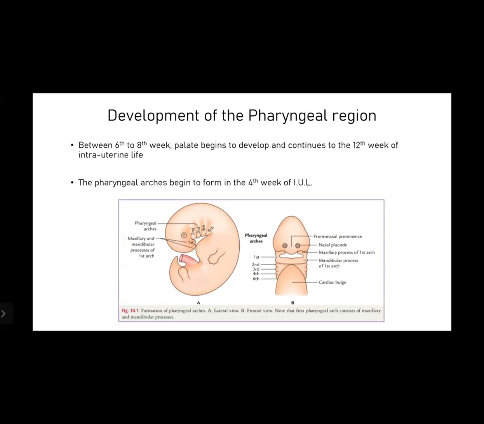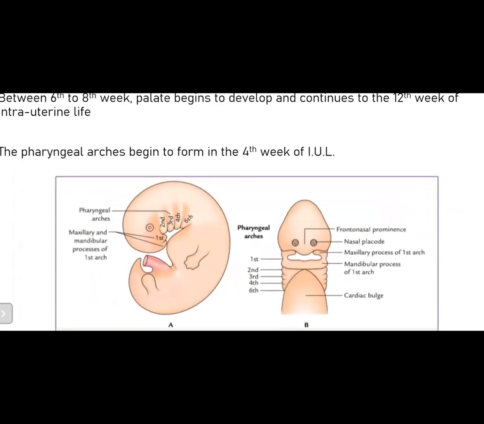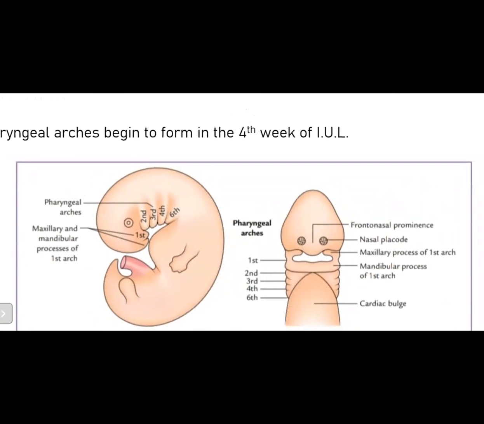So you can see, if you look at this picture below, let me just magnify that a bit for you. Okay, so in that picture, this is the head fold that you can see, and this area is the primitive mouth, which we refer to as the stomodeum. The stomodeum is bounded cranially by the head fold, and caudally, of course, you have the pericardial bulge.